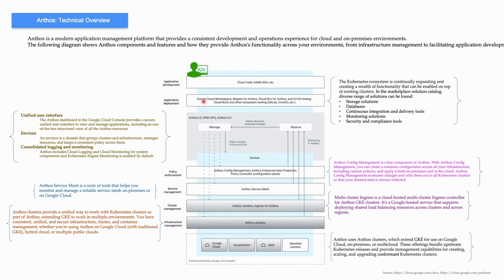So Google Cloud Marketplace, Migrate for Anthos, Cloud Run for Anthos, CI/CD tooling, Cloud Build, and other ecosystem tooling like GitLab, CircleCI, etc. All of these are available on the marketplace, which you can integrate swiftly. In terms of the marketplace, the diverse range of solutions you can find includes storage solutions, databases, continuous integration and delivery tools, monitoring solutions, and security and compliance tools.